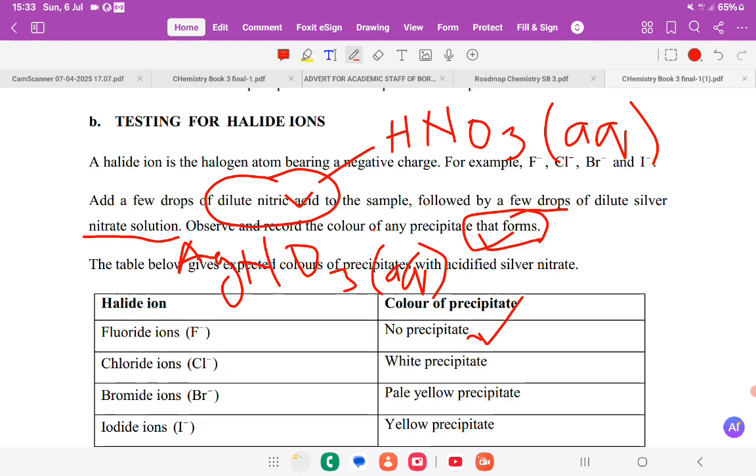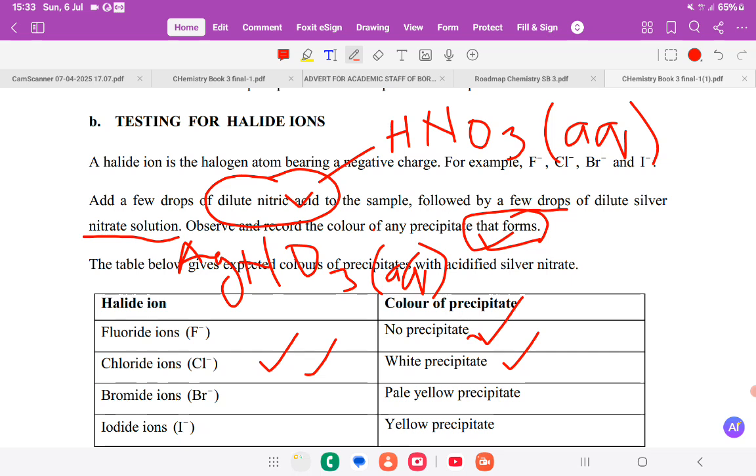But if they are chloride ions, you'd be able to confirm that chloride ions are present by the formation of a white precipitate. So a white precipitate indicates the presence of chloride ions.